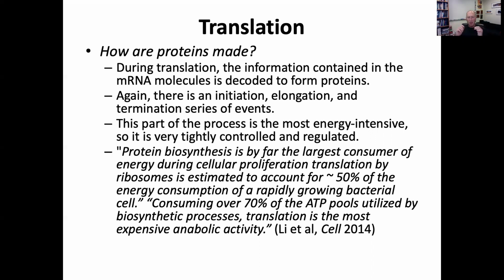It's going to use the tRNA as a delivery system for the amino acids for that process of polypeptide synthesis, and then it's going to use the ribosomal RNA as the actual active site and platform on which the polypeptide synthesis is going to occur. So again, there's going to be initiation, elongation, and termination.